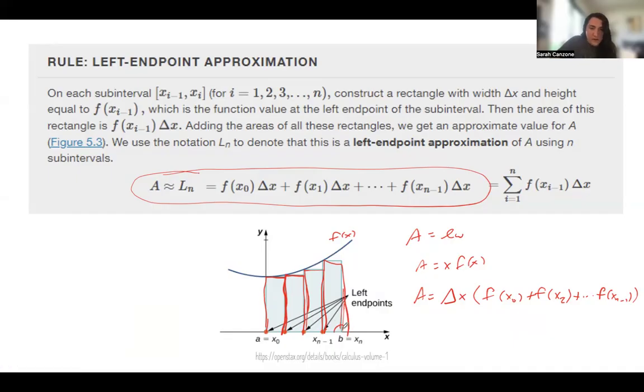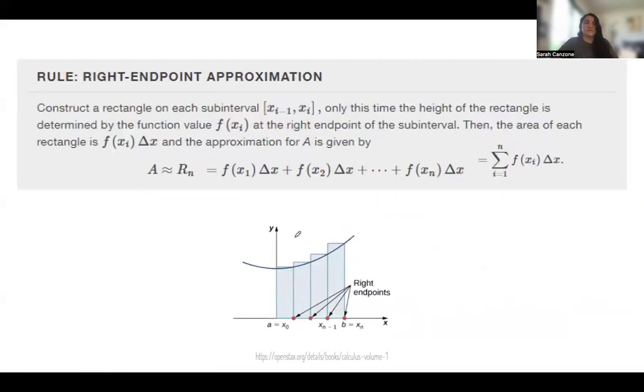What you don't see is this point right here being used, because if you used it, you'd draw it up, go over, and down, but that would be a 5th rectangle, which is not within the range you're looking at. So if you're looking for left endpoints, you omit the very last term. If you're looking for right endpoints, you omit the very first term. I'll show you an example of exactly how we'll set that up in a minute, but this is the construction of that.